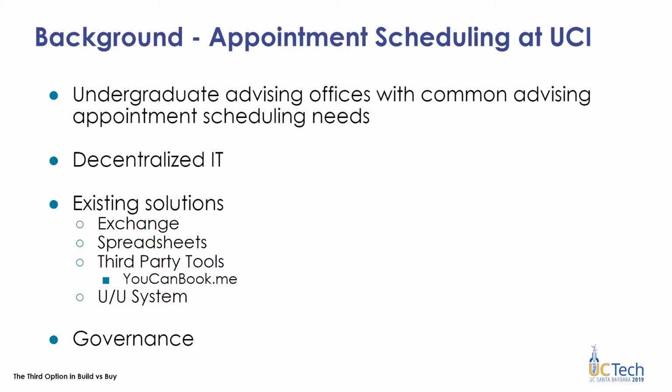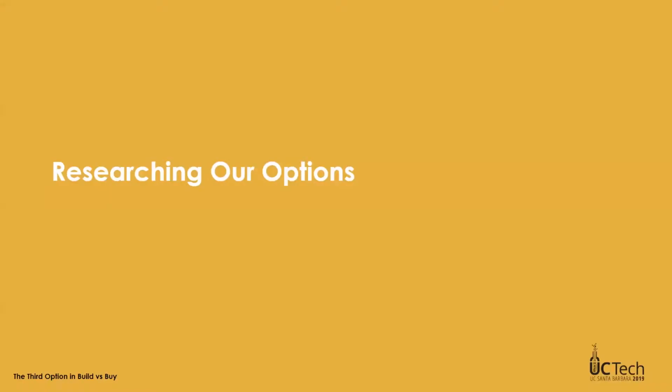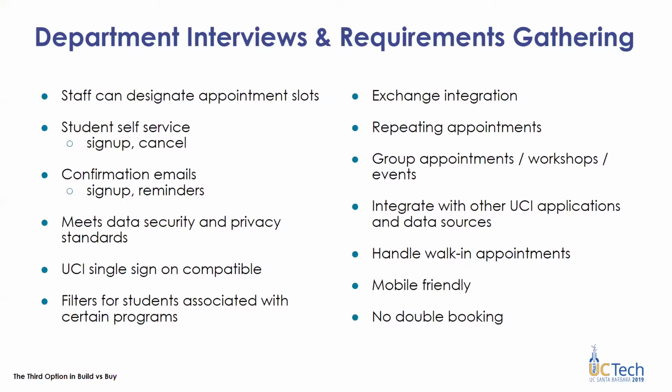So we began by doing some research on what our options are. This involved many department interviews to gather requirements, see what people are doing now. And from that, we distilled a very long list of requirements and features that would need to be part of a system. Staff want to be able to designate when students could sign up for appointments.